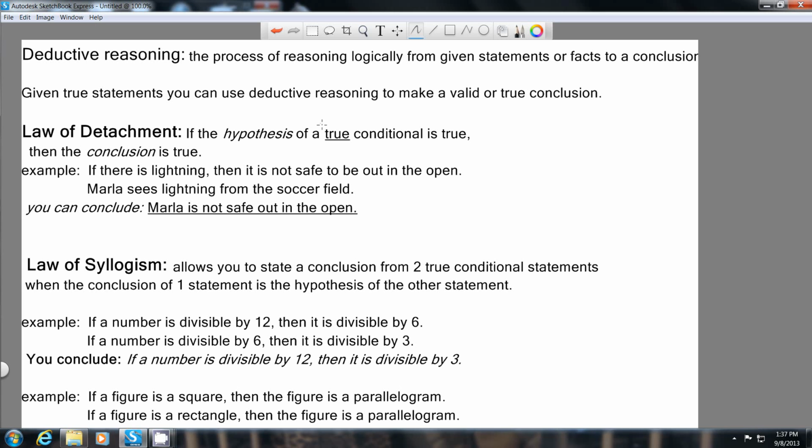The first one is the law of detachment. In the law of detachment, if the hypothesis of a true conditional is true, then the conclusion is true. And in symbols it looks like this. If P, then Q is true.